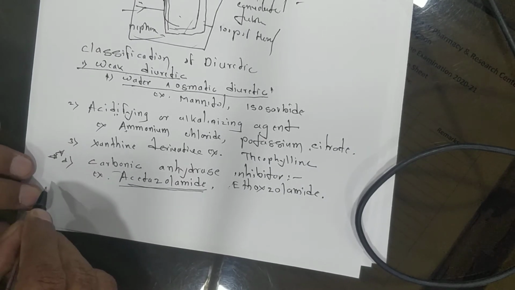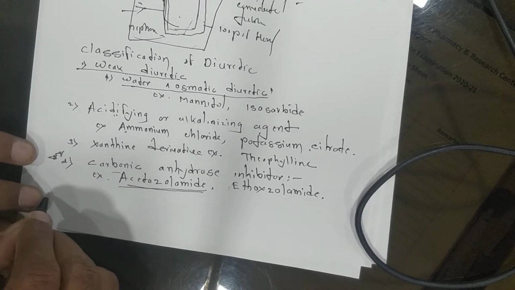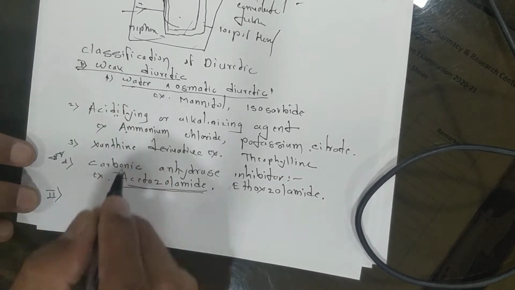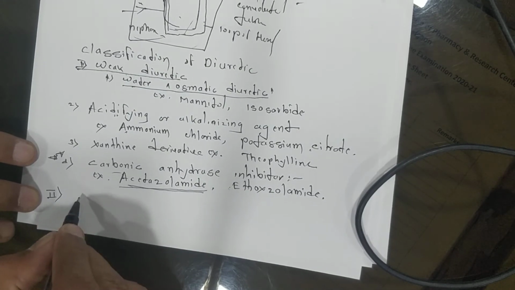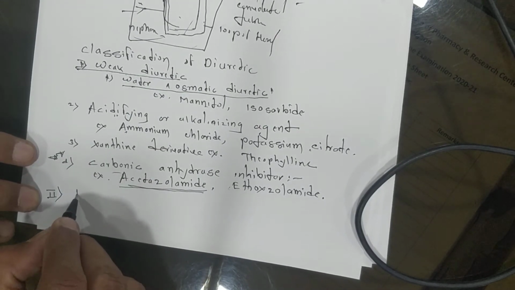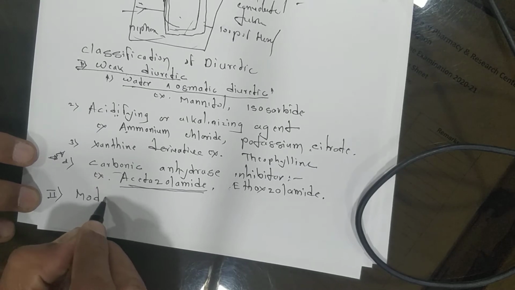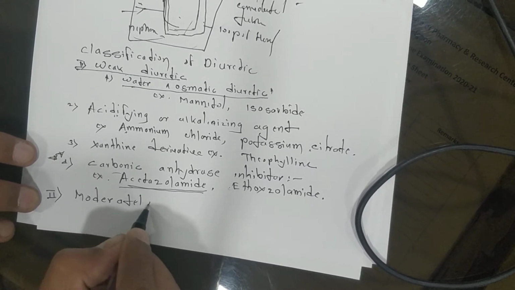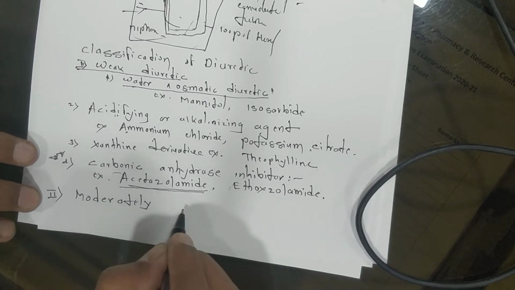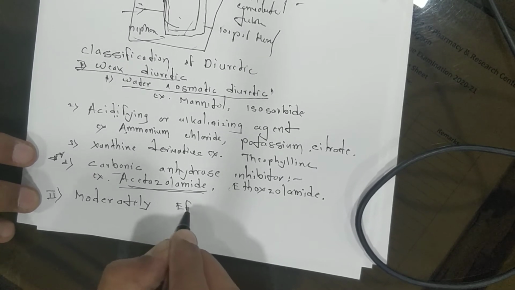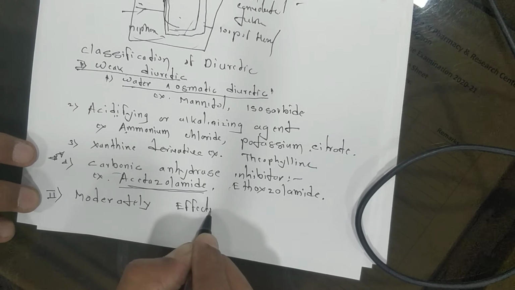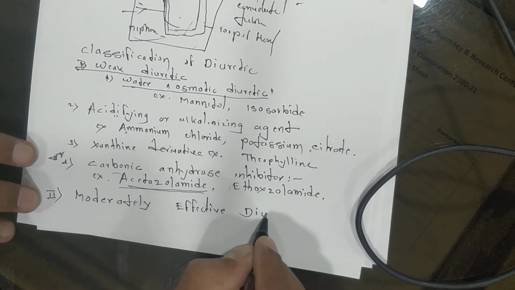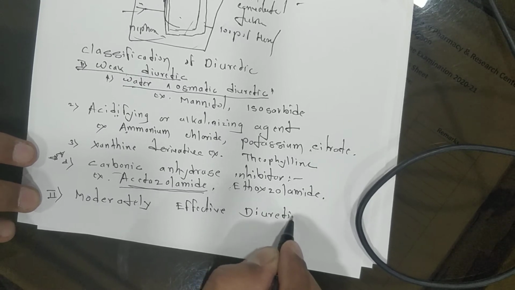Now the next class: first is weak, second is moderately effective diuretics.